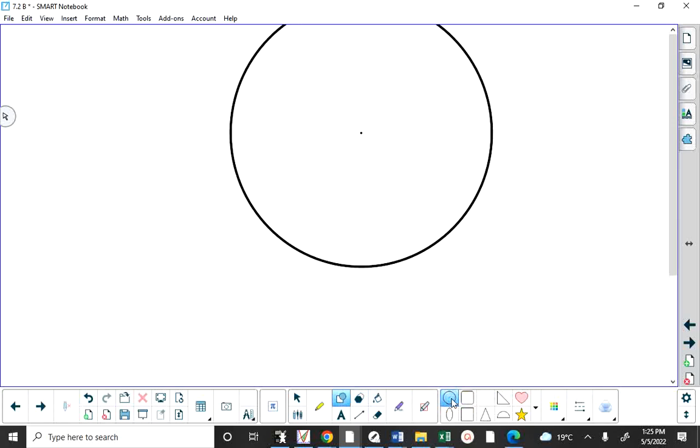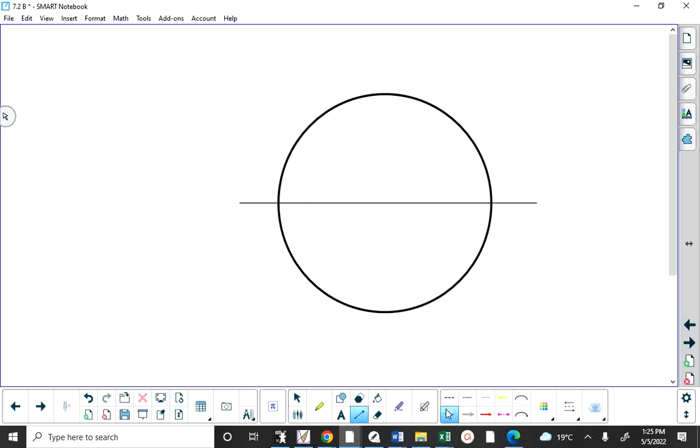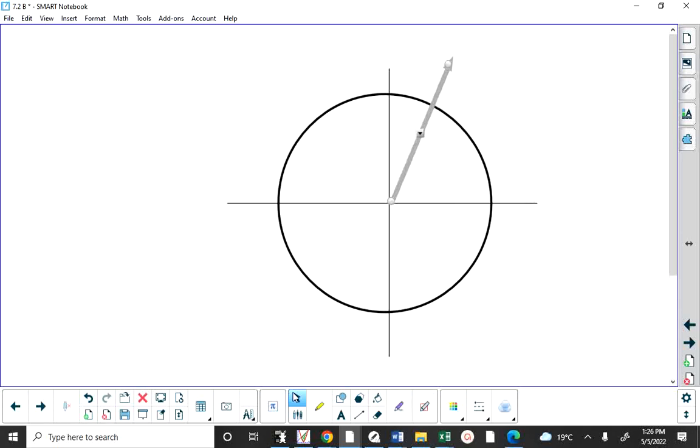I guess I'll need a circle. It's the unit circle, although it doesn't matter. Here are our axes. I am going to take the initial arm and rotate it positive theta. That's theta.